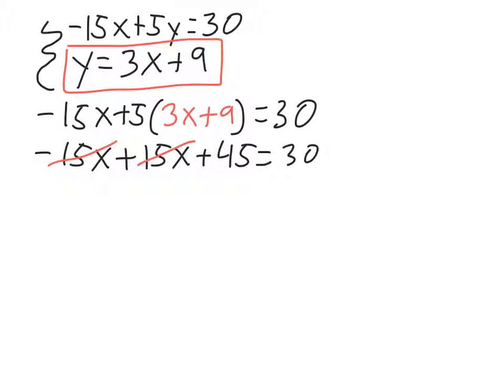They're gone. So we're left with 45 equals 30. Now, does 45 equal 30? No. So, since 45 does not equal 30, this is the other special case, where it's no solution.